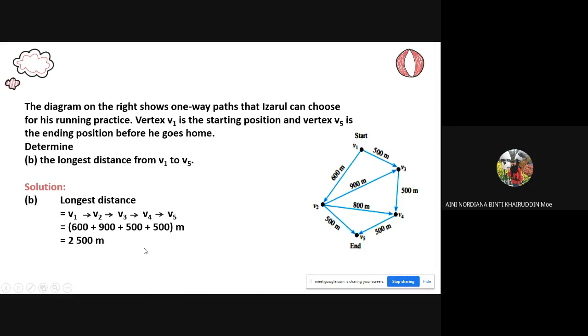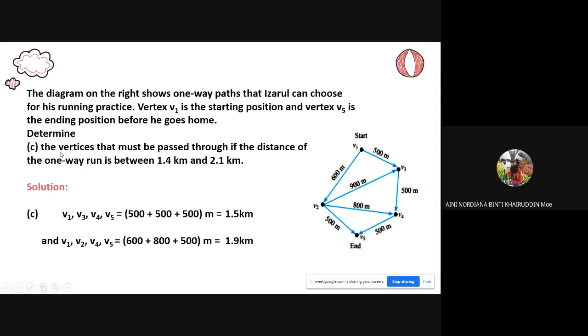Next, the vertices that must be passed through if the distance of the one-way run is between 1.4 kilometers and 2.1 kilometers. There are two answers here: V1, V3, V4, V5, which is 1.5 kilometers, and V1, V2, V4, V5, 1.9 kilometers.